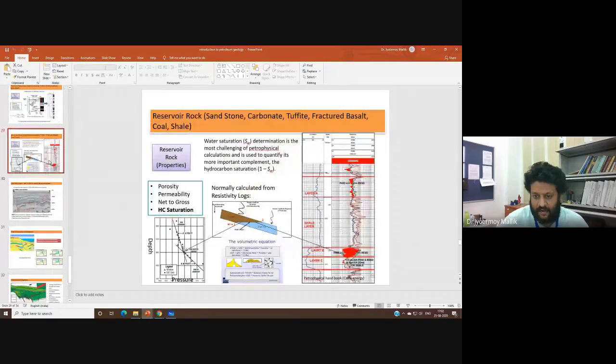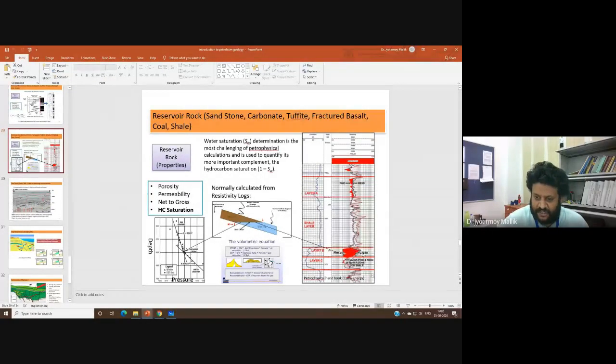We have also talked about hydrocarbon contact, and we said there are different types of contact, be it GOC, GWC, or OWC, and so on. And we said how we can determine such contacts. We can determine such contacts from resistivity well logs, because hydrocarbon has higher resistivity than water.